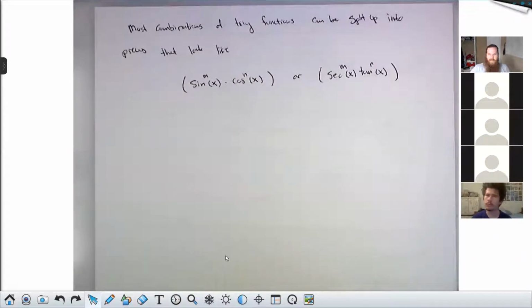So if you give me some big nasty rational combination of sines, cosines, secants, and tangents, even cosecants and cotangents, I can split them up into things that look like this, plus or minus things that look like this.